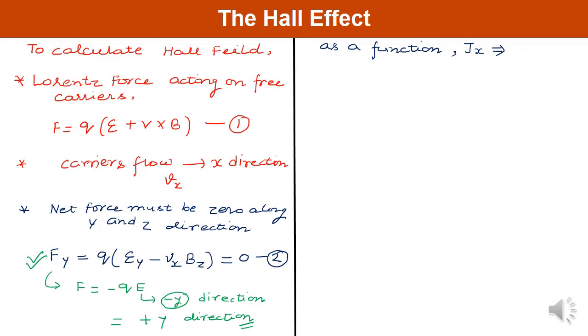This electric field in y direction is equal to Vx, velocity in x direction, into Bz. So this can be written as Jx upon Q P naught Bz. This is equation number 3.